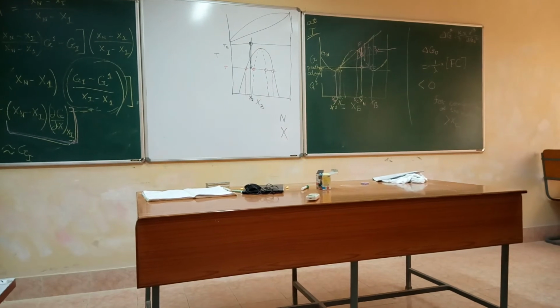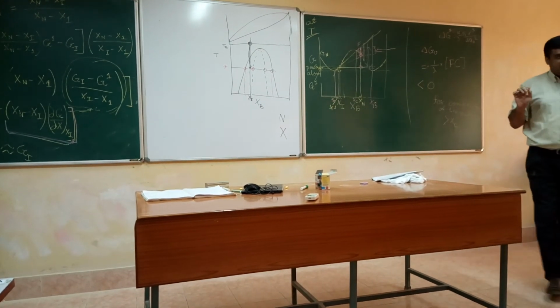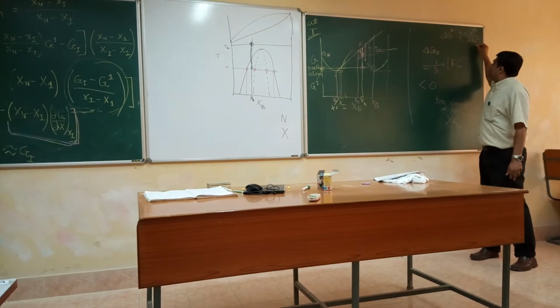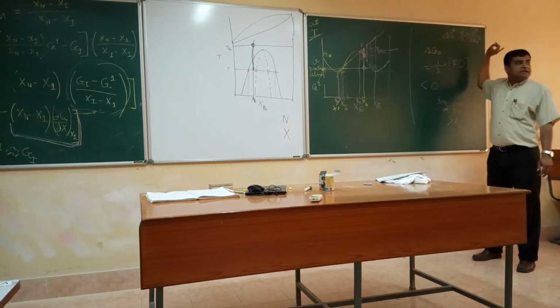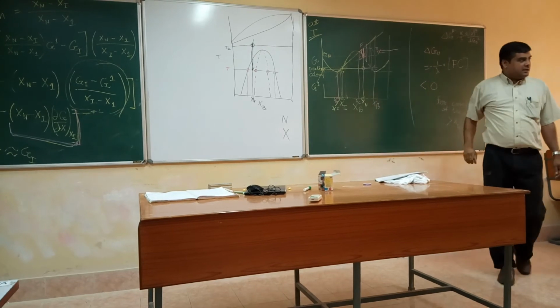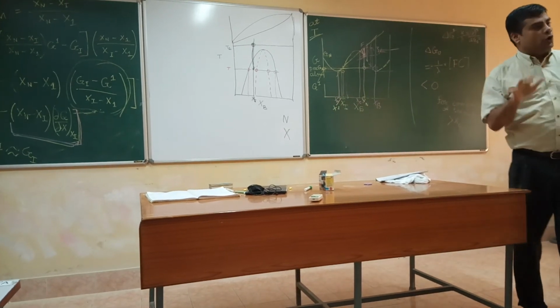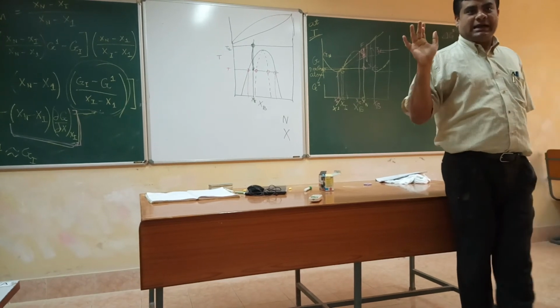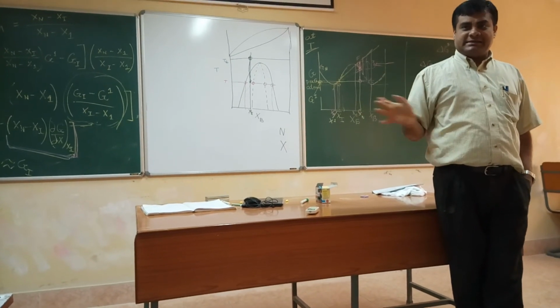But classical nucleation theory says there is gamma also. So it is not only delta GV, but your gamma also has to be low. Both R star and delta G star contain gamma as well as delta GV.